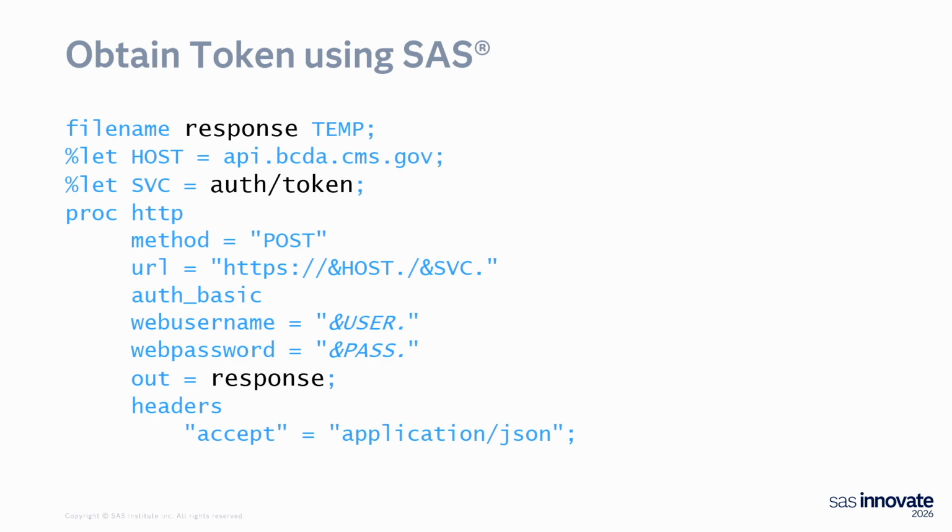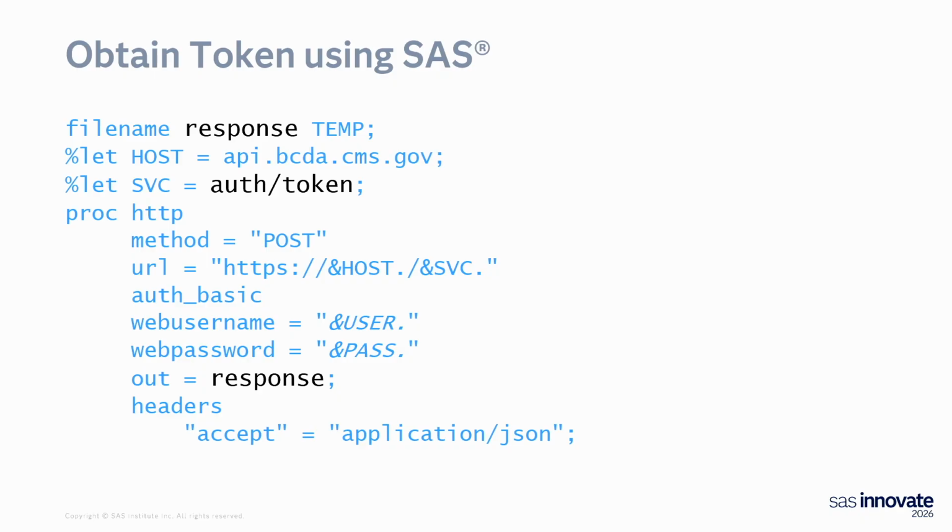So, at this point, how would we do this using SAS instead of curl directly? I've put the host, the server, in a macro symbol called host. I've put the service itself in a macro symbol called SVC, mainly to make the line that says URL equals easy to type.